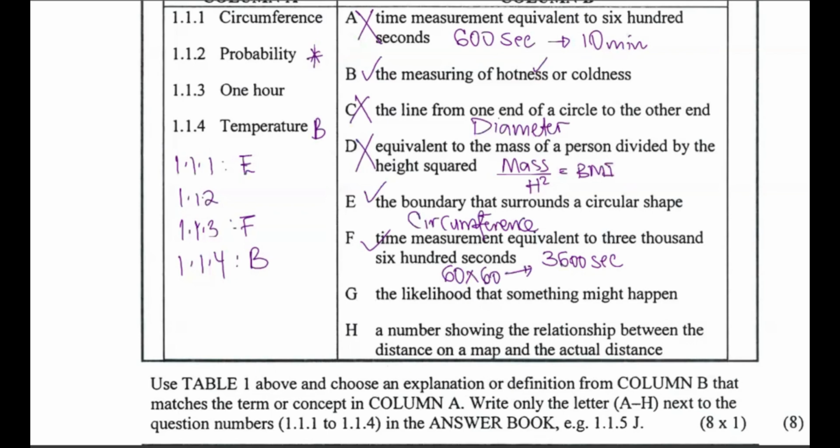So we get this much. The likelihood that something happens, yes, this is probability. And indeed, it's there. So the answers are done. The number showing the relationship, this would be the scale, but we don't have any scale there. All right, that's it.